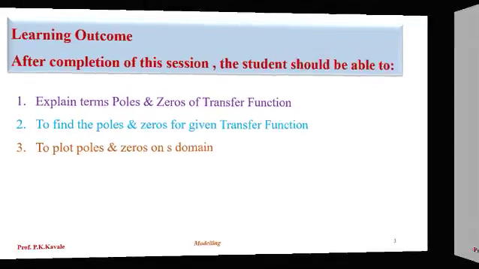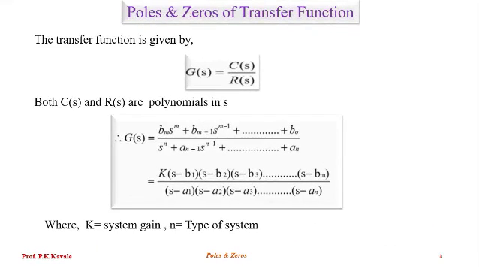Okay, so we'll see what is meant by poles and zeros of a transfer function. First, we assume that you know the transfer function. It is nothing but the Laplace transform of the output upon the Laplace transform of the input, C of S, the control output, over R of S, the reference input.